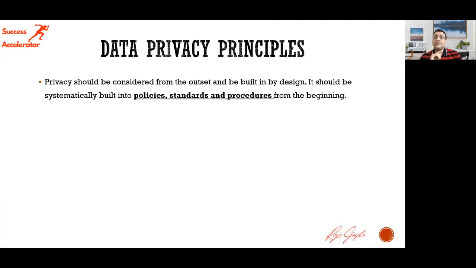But an important point, guys: in the CISA exam, you will not get a question around any particular regulation, because these regulations are different in different countries. There may be a specific requirement in the US, the UK, Australia, India, and so on, so you don't really need to worry about learning the data privacy requirements of different countries. That is not an ask in the CISA exam.